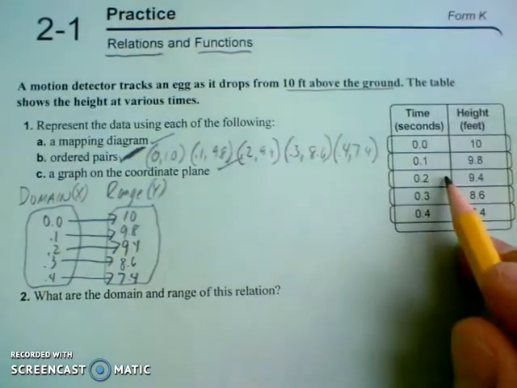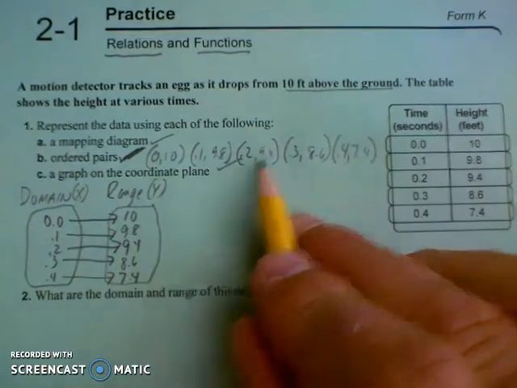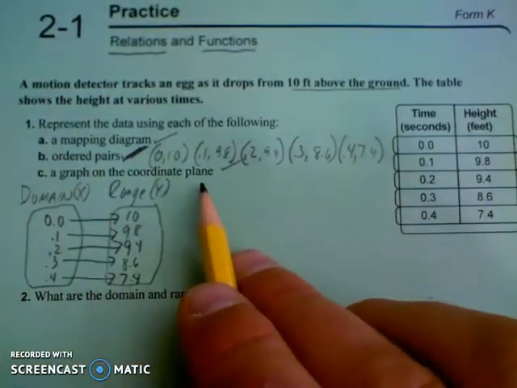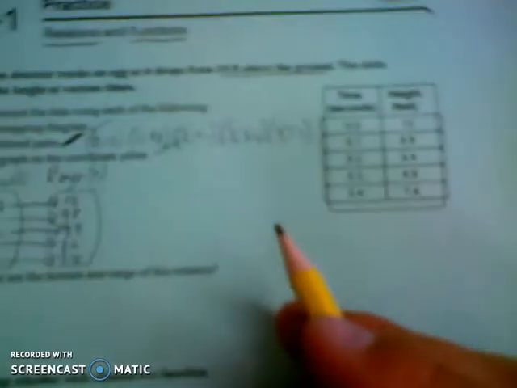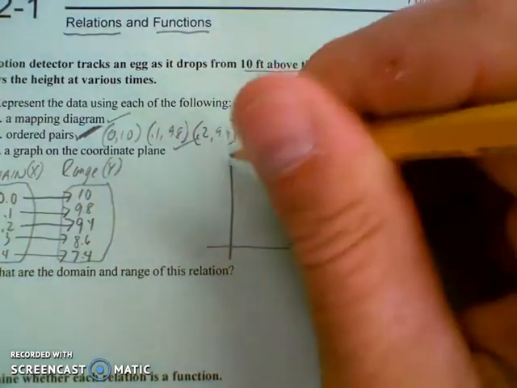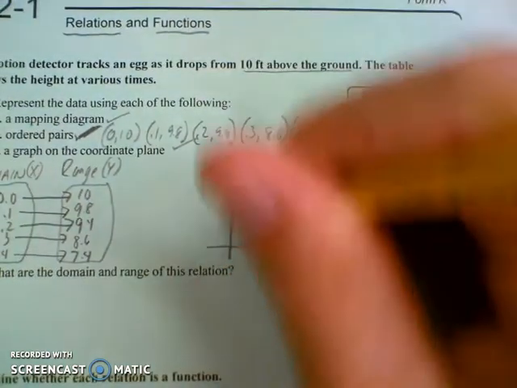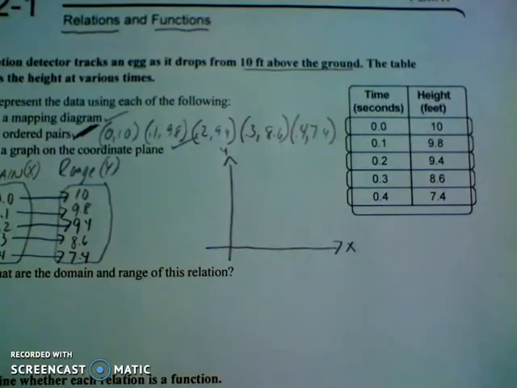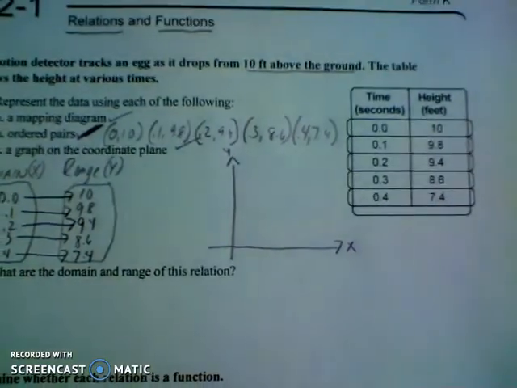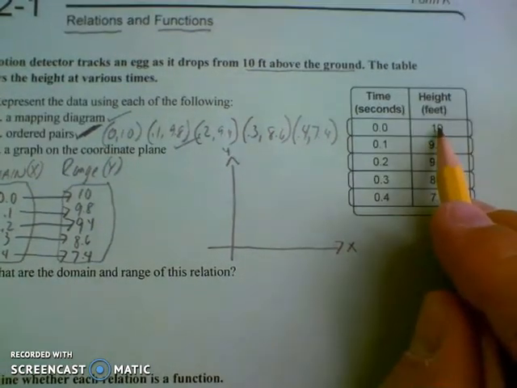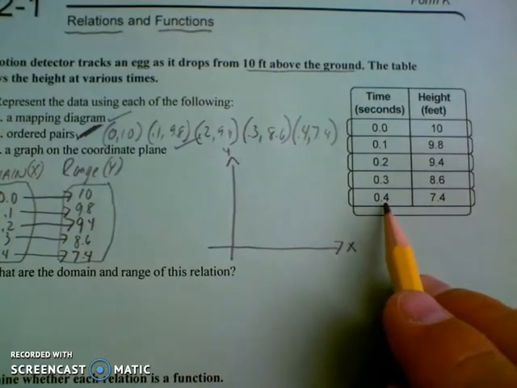So far we have done and seen a table, ordered pairs, and a mapping diagram. The third one here is a graph on the coordinate plane. So you're just going to graph it. And you just want to draw the y-axis and the x-axis. Here's the y, here's the x, right? The feet is 10 as the max, and the 0.4 is a second.